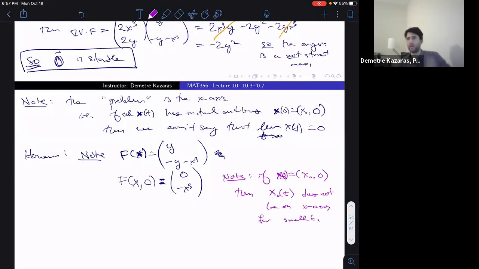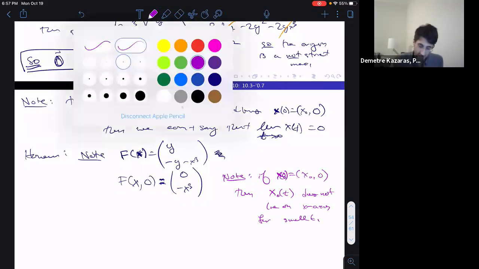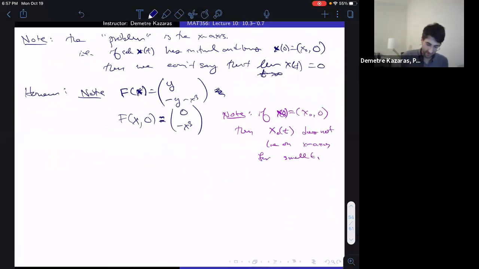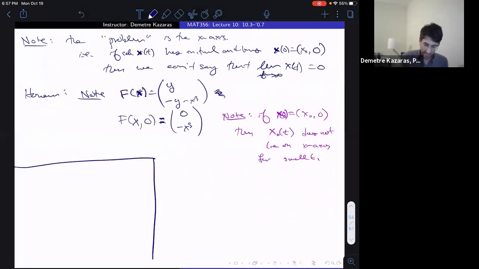So you immediately get pushed off of the x-axis. This is a little bit hand-wavy at this point, but the logic that we're outlining here is in fact general. So here's the following. There is a fact which says the following.